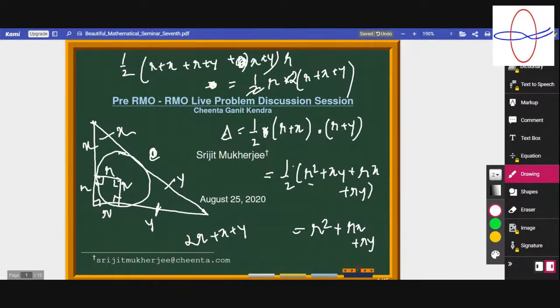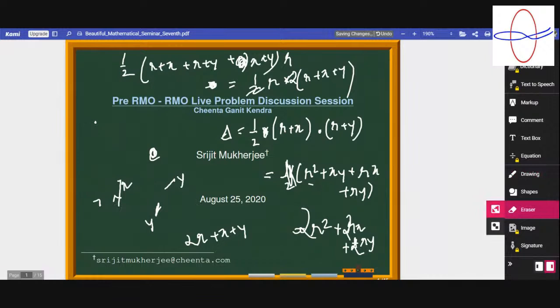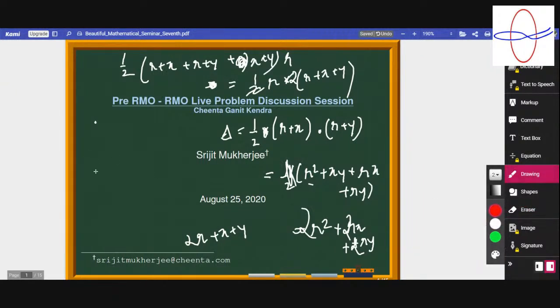And if you just multiply 2 over here, the 2 gets cancelled from here. So you get XY equal to R square plus RX plus RY.